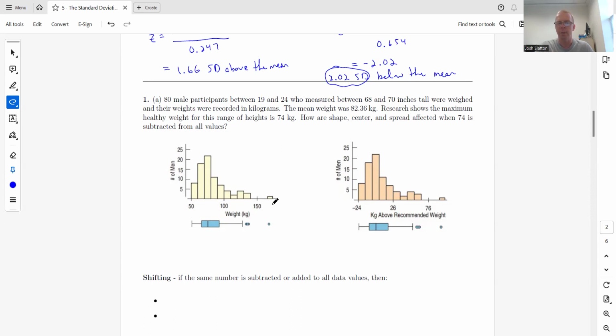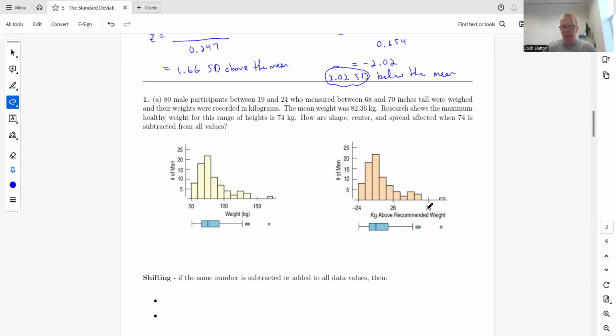And then if we talk about the spread, again, we can look at the range from 50 to 150. I'm just going with what the marks are on the y-axis. Obviously, we have a data point way up here, but 50 to 150, we can use that as a guide, and negative 24 to 76. So the spread is the same.